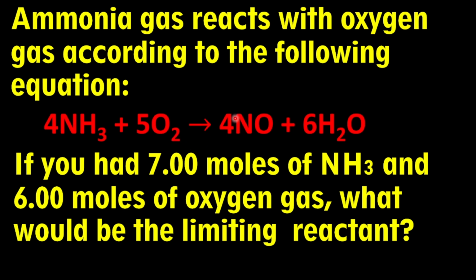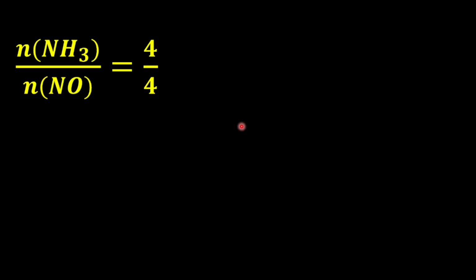Please take note of this. In this reaction, we are not going to depend on the water. We are depending on NO. So we are going to write the mole ratio between this reactant and the product here, oxygen against the product, as we did in the previous one. So let's move on.